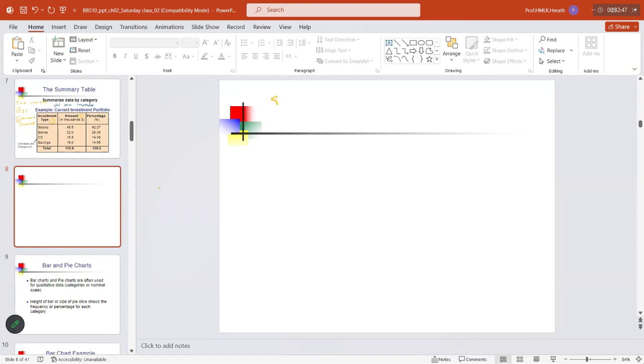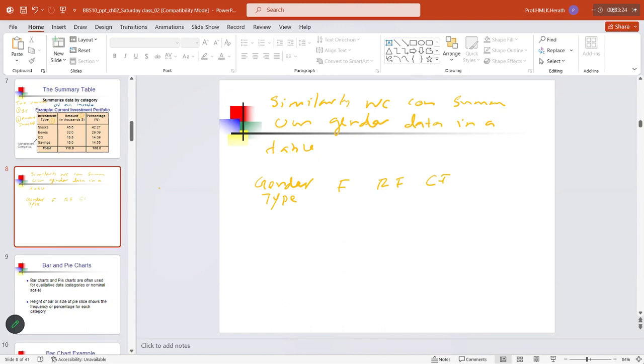This table has gender type, frequency, relative frequency, cumulative frequency, and cumulative relative frequency.